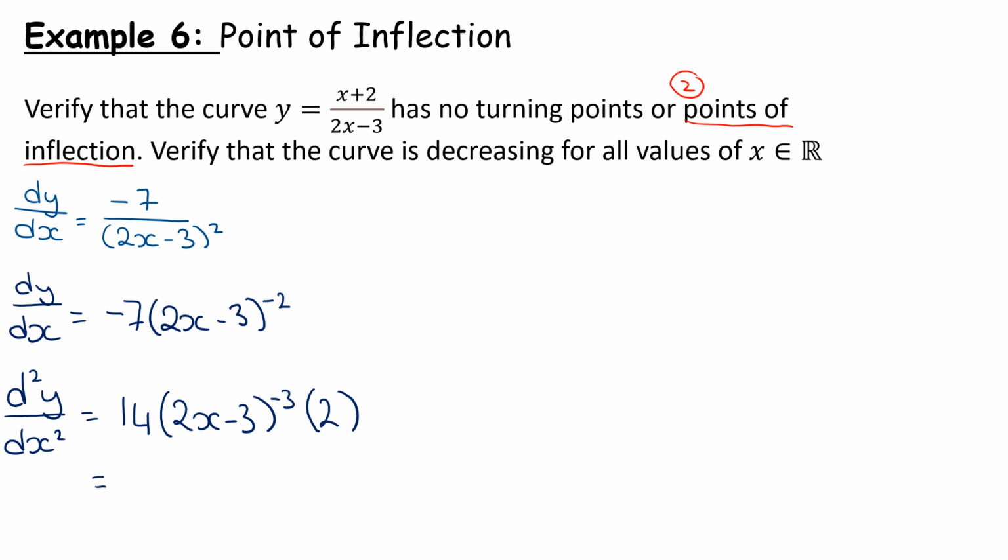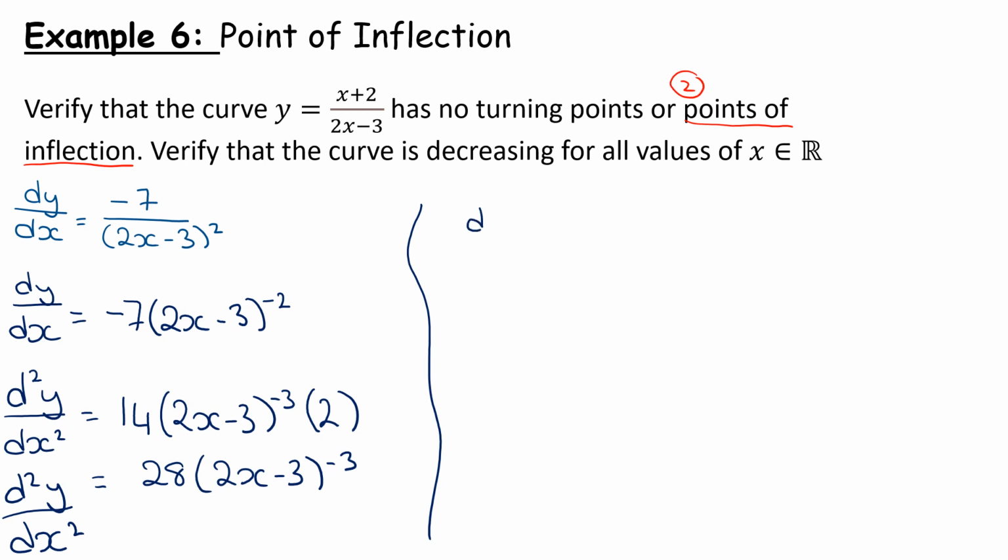So this works out, when we clean it up, as 28 times (2x minus 3) to the power of negative 3. And I'll just try to keep this labelled the whole way down. And then using my rules of indices again, I can bring that bracket to the power of minus 3 back under the line. So it's 28 all over (2x minus 3) cubed.